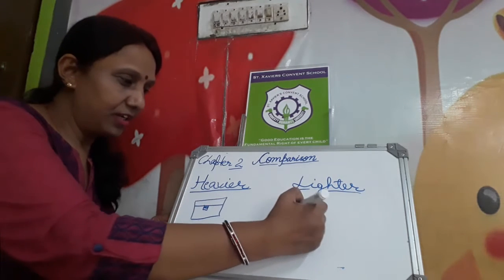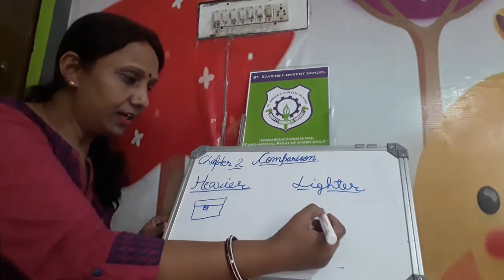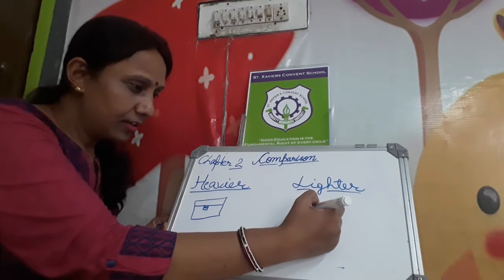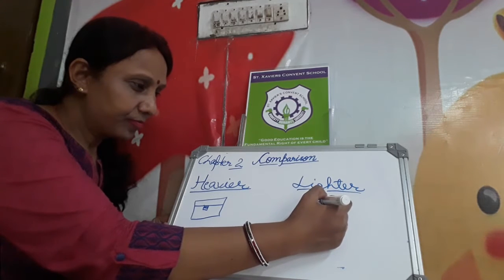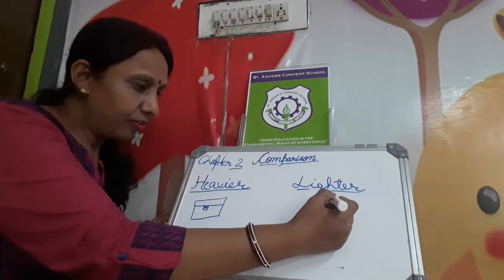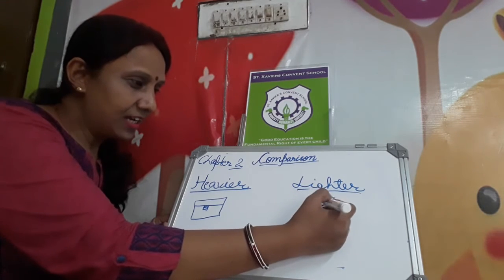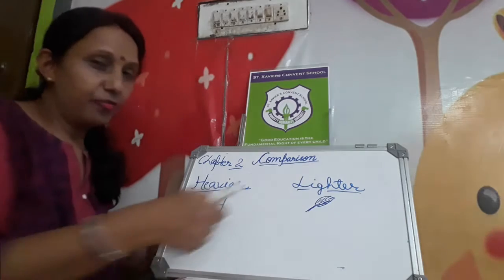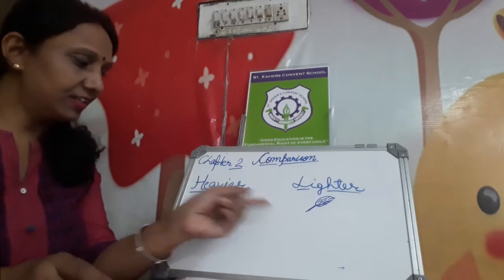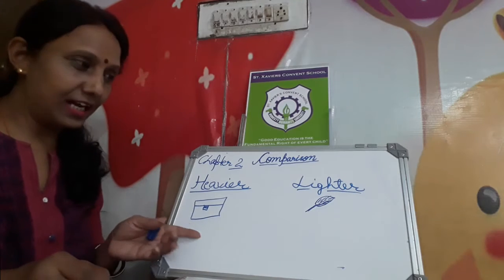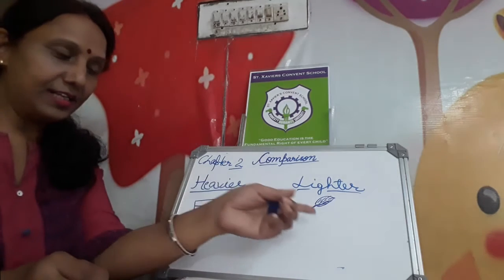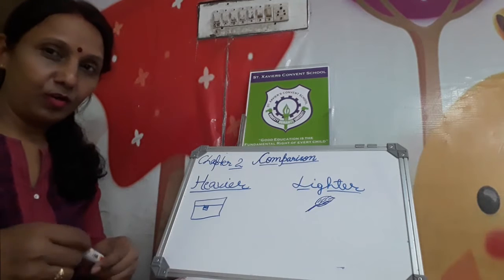This one is the heavier. And here you can see one feather of a bird. The weight of the feather is lighter than the weight of this box. So this box is heavier and this one is the lighter one.